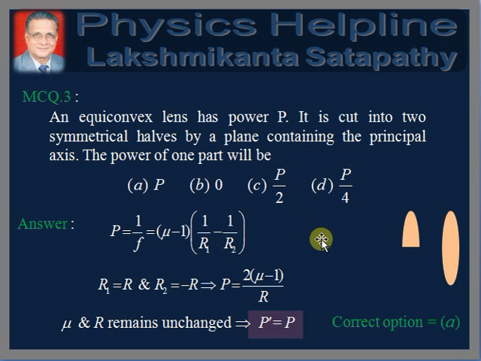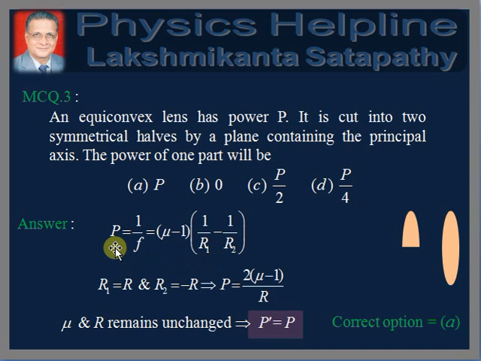We are required to find the power of one part. The options are given in the question. We are required to find the correct option. Now for the answer. The lens is shown here. When it is cut by a plane containing the principal axis, one part will look like this.